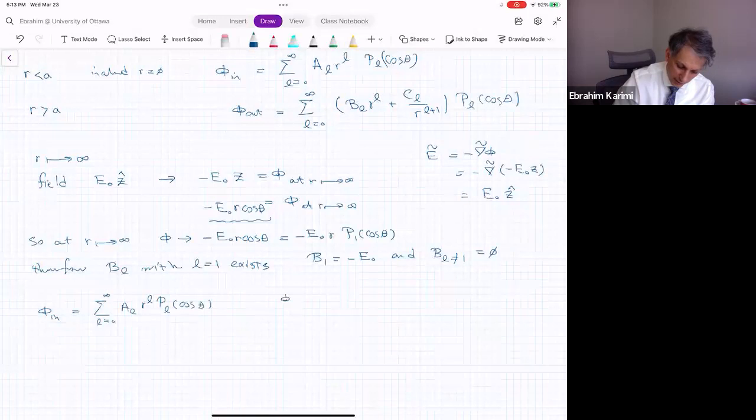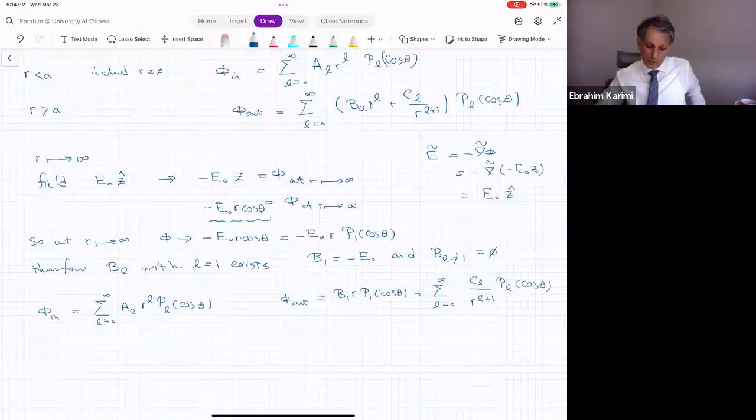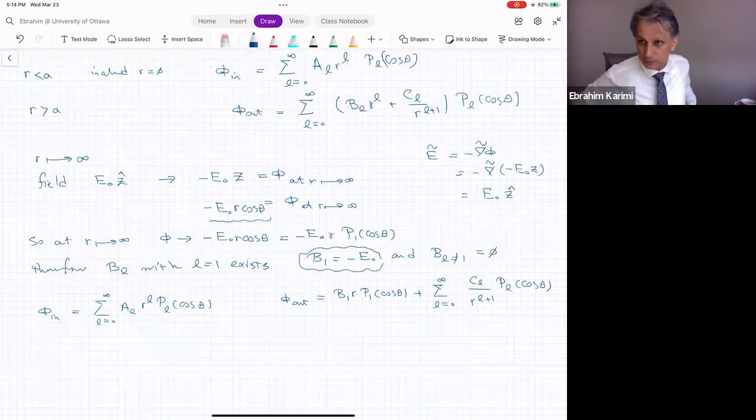But for phi out, what I do have now is B1 r P1 cosine of theta plus the summation of L from 0 to infinity of CL over r to the power of L plus 1 PL of cosine of theta. Remember that B1 also is given by this expression. B1 is simply minus E0. Any question so far? So far, so good, right?